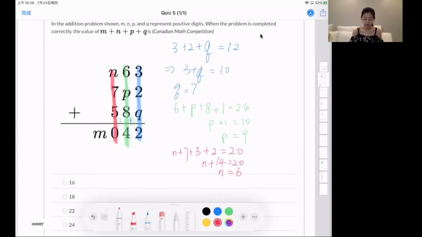We need to carry over 2 to the thousands digit, so m equals 2, right? Now let's find the sum: m equals 2 plus n 6 plus p 9 plus q 7 equals 24.